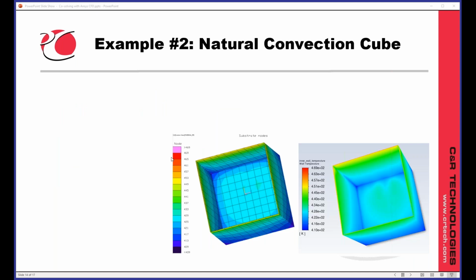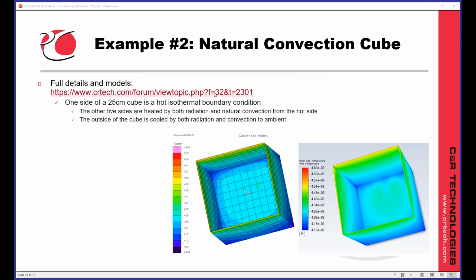Another example is a natural convection cube. Again, we've just borrowed this from an ANSYS tutorial because that's a pretty easy thing to do. Here's the link to the example problem and all the documentation. In simple terms, this is a 25 centimeter cube where the side that's been removed here is actually a boundary condition. It's isothermal temperature set.